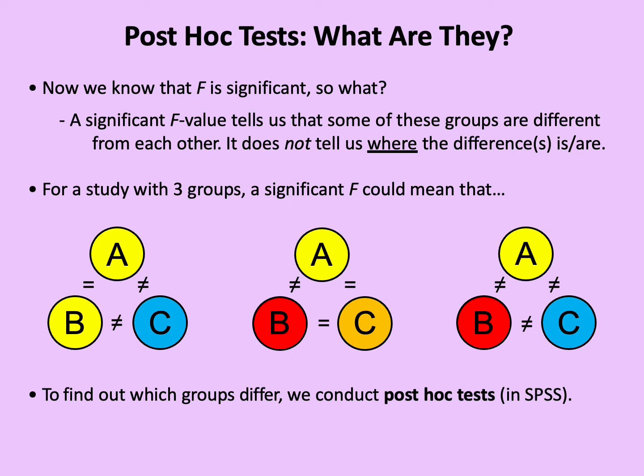It's also possible that A and B are different from each other, but A and C and B and C are not. Or it's possible that A is different from B, is different from C, and A is different from C. But in order to find that out, we need to utilize our SPSS program.